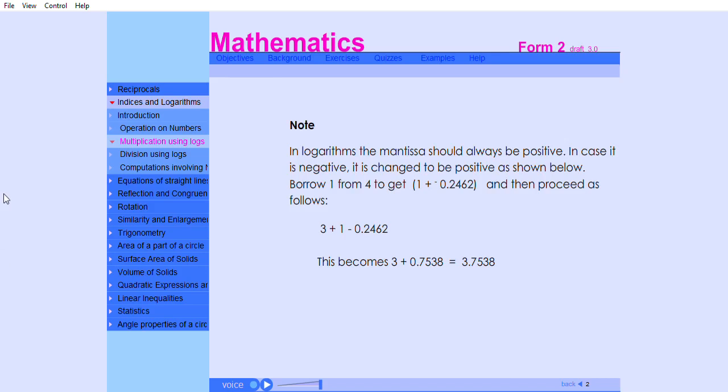In case it is negative, it changes to be positive as shown below. Borrow 1 from 4 and then proceed as follows. 3 plus 1 minus 0.2462, this becomes 3 plus 0.7538, which is equal to bar 3.7538.